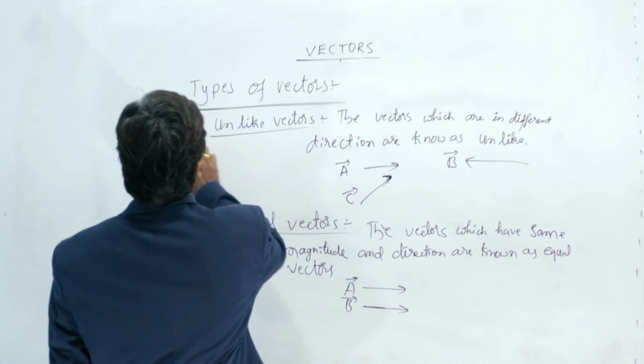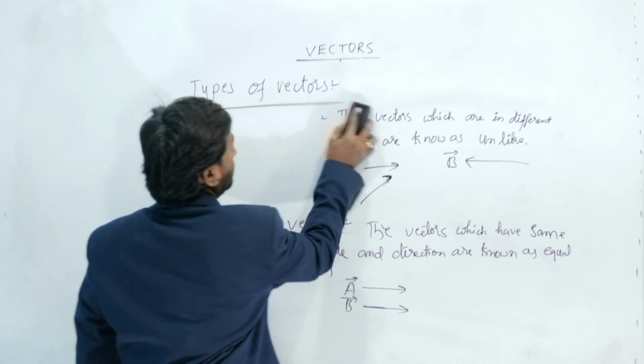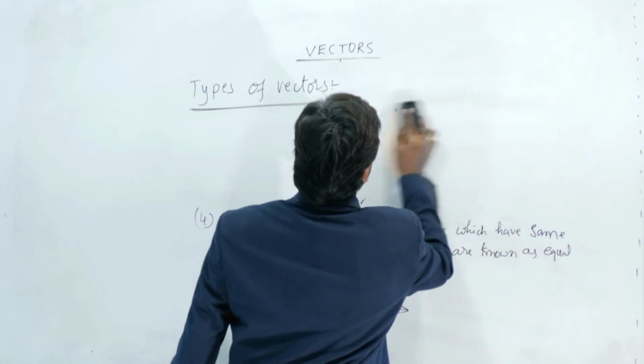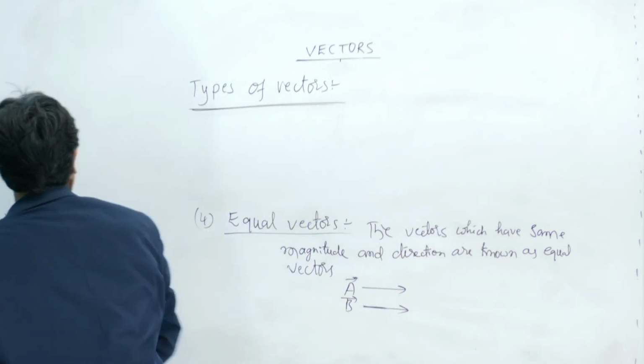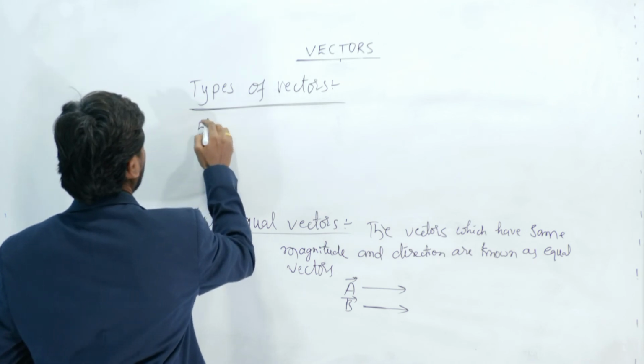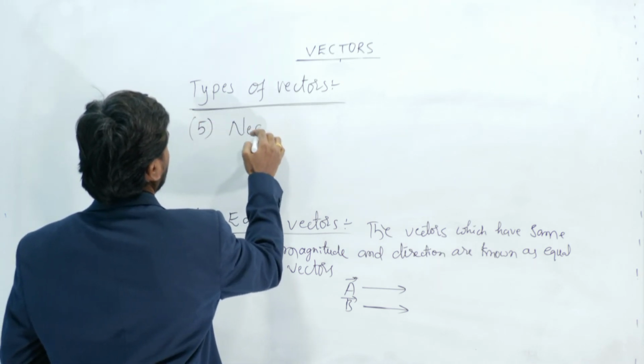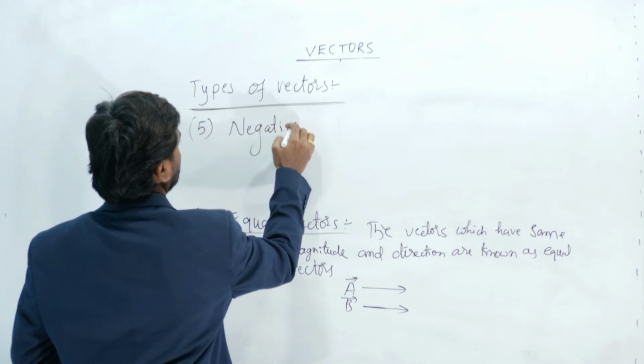Negative vector. The next, fifth one, is the negative vector.